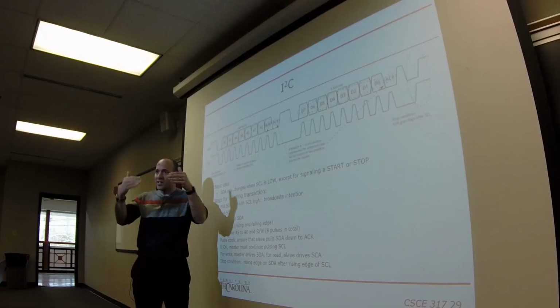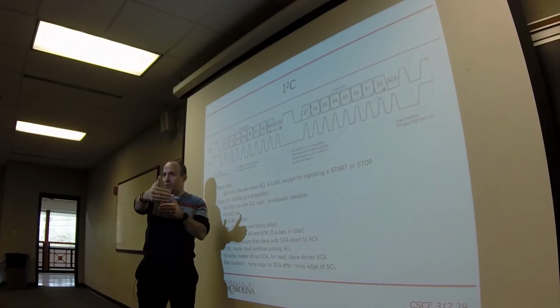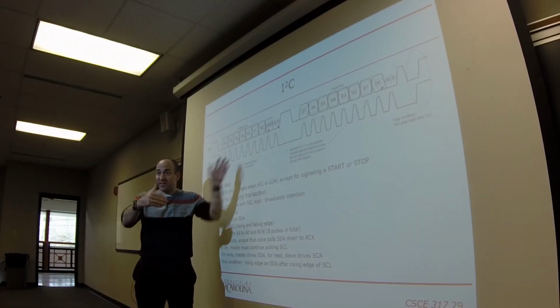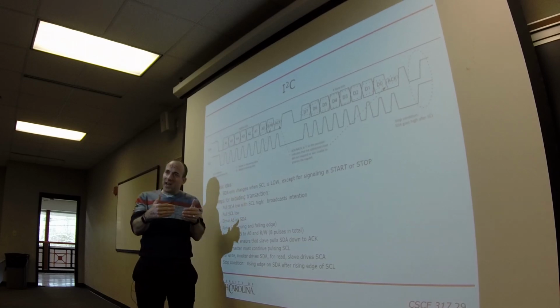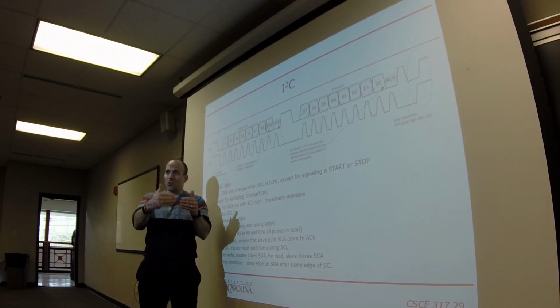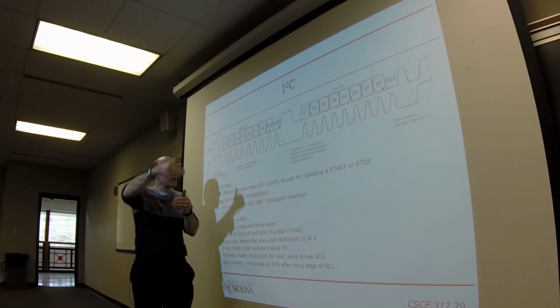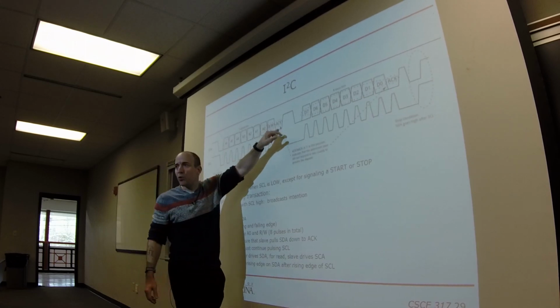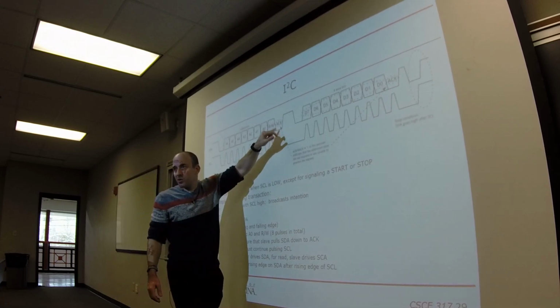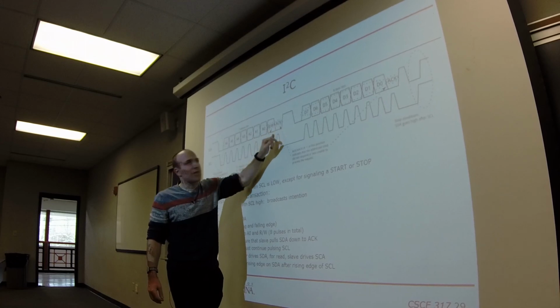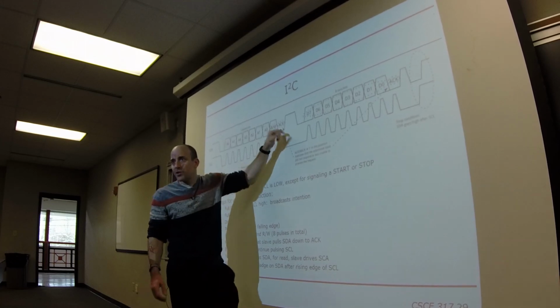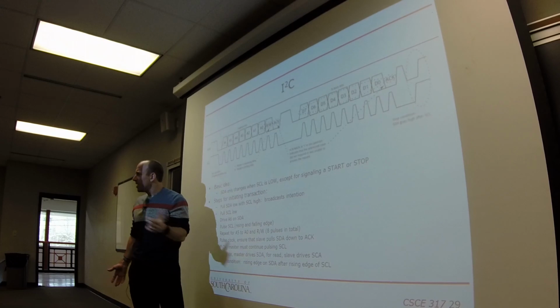I just got done sending bits to the other side of the link, right? As soon as I get done with that, after eight bits, the endpoint is going to have to then also pull that down to acknowledge. So there's a very quick handoff here between the sender and the receiver. You guys with me?